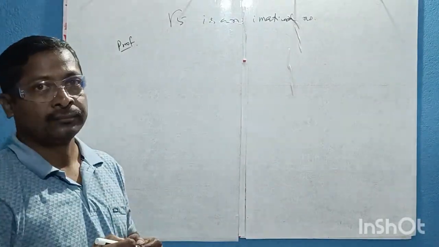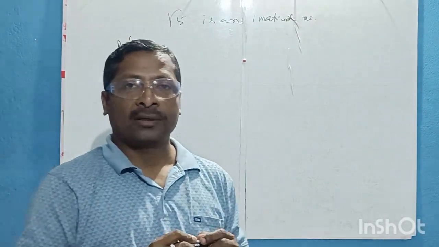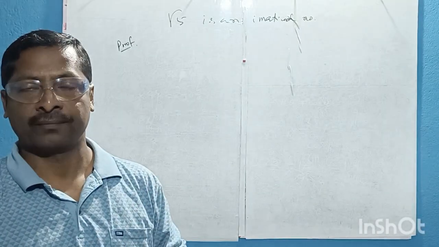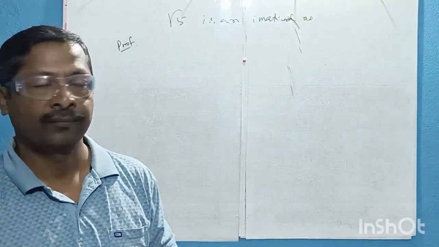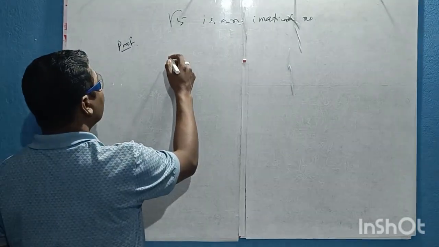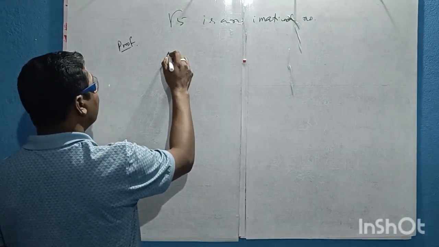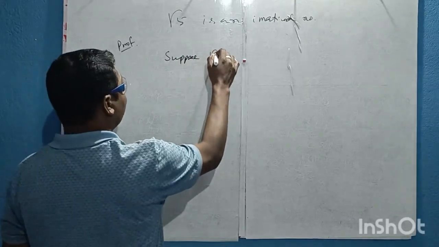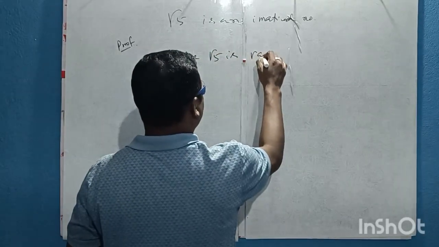First of all, you have to take this as a case of contradiction. Okay, suppose root 5 is rational.